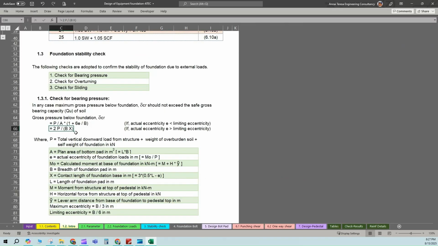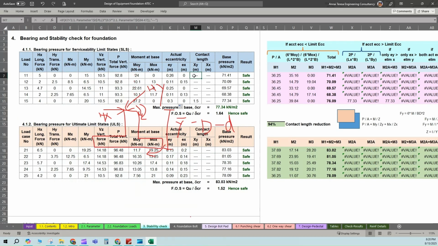This x value is defined here as contact length, 3 into (0.5 into L minus actual eccentricity). If the actual eccentricity is less than L by 6 or B by 6, that is the limiting eccentricity, then this formula applies: 3 into (0.5 into L minus this eccentricity).